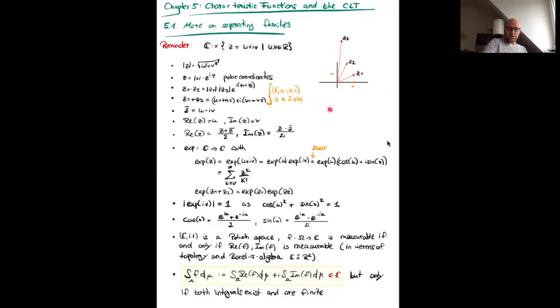So if the moment generating functions are the same, then the random variables X and Y have the same distribution. We used this in Stochastic 1, but it was never proved. And now we want to go towards a proof of this.